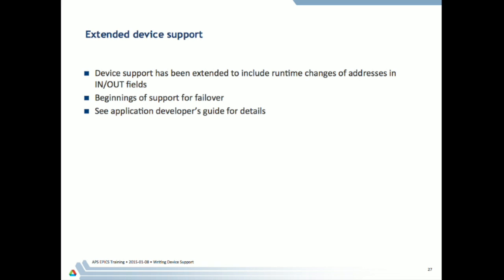I think recent versions of asyn, I know Mark was looking at implementing extended device support in asyn, but I'm not sure whether that's actually in or not. So I don't know whether you can change the asyn addresses on asyn records at runtime yet. I know that he's planned it, but I'm not 100% sure of that.